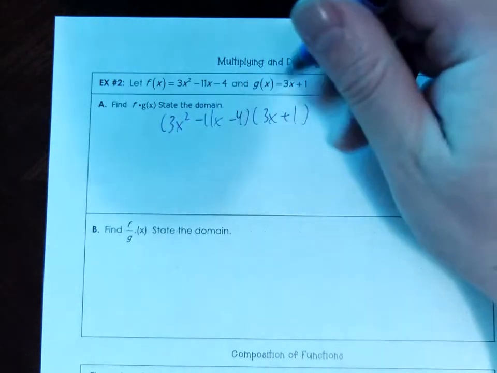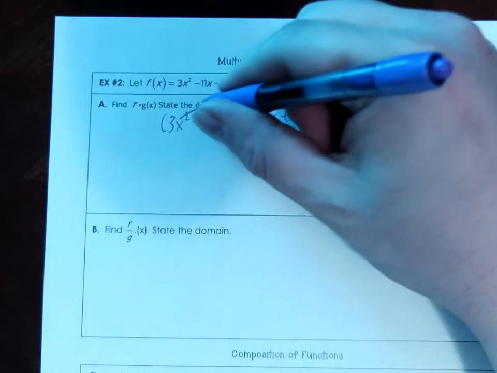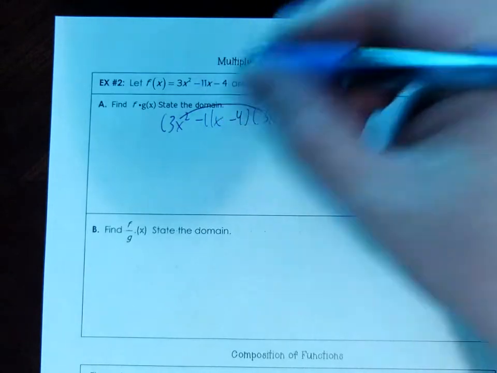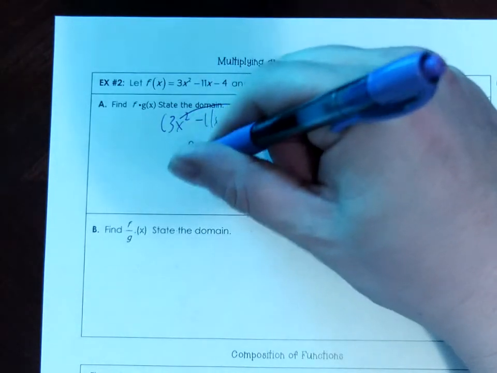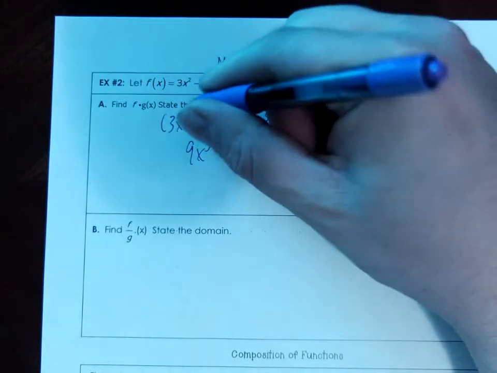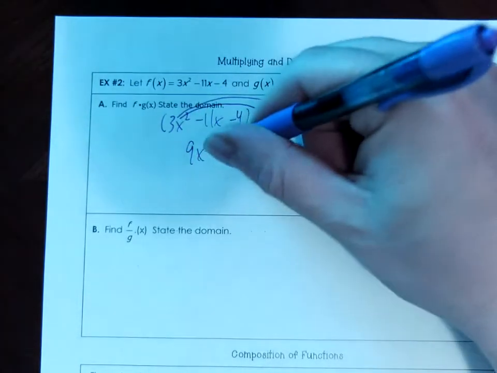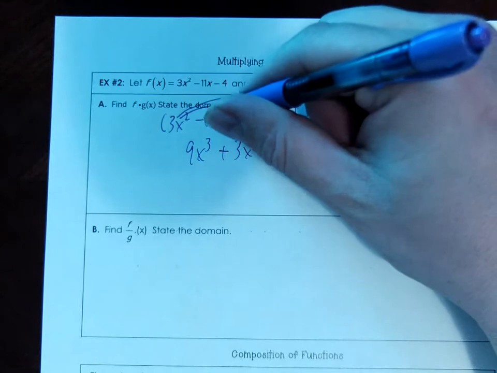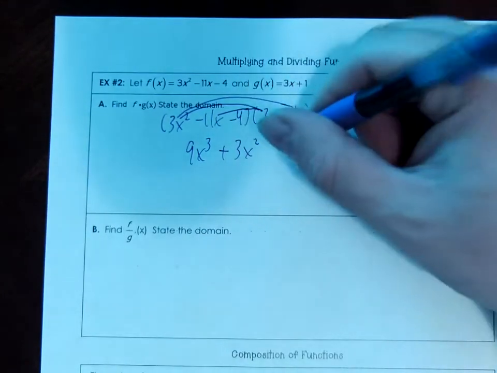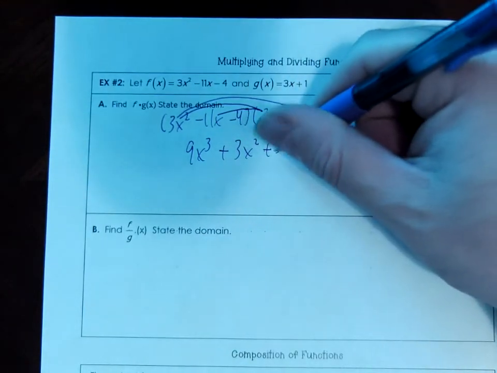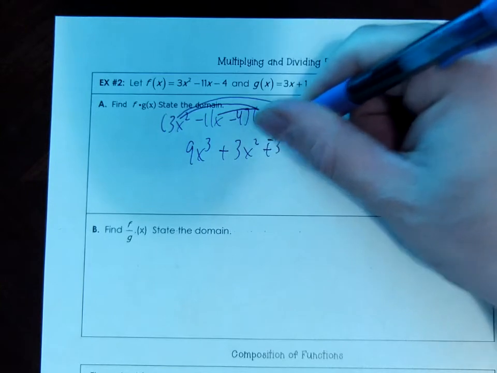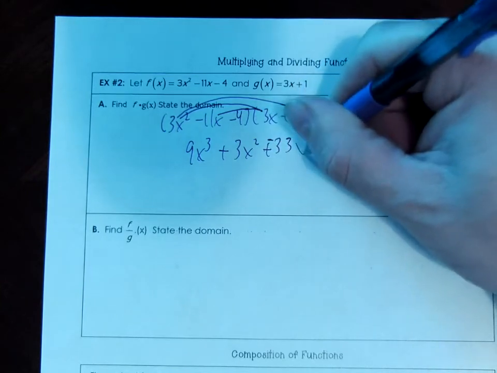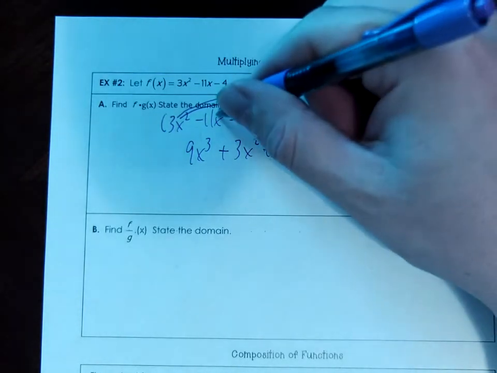It's not FOIL here, it's got more than FOIL, it's got quite a few. So 3x squared times 3x is 9x to the third. 3x squared times 1 is 3x squared. Then 11x times 3x is negative 33x squared, so plus a negative 33x squared.